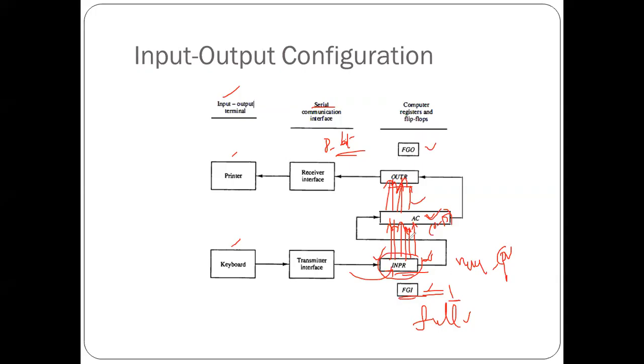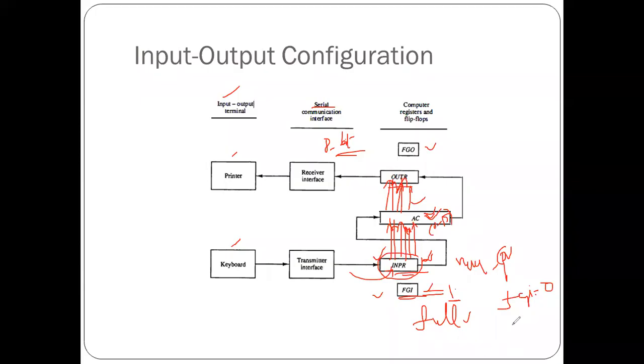After the input device places the key code and sets the flag, the CPU reads this data. It is just copying the input register contents onto the lower 8 bits of the accumulator, and then it clears the flag. The FGI flag is cleared by the CPU, indicating that the computer has read the character.